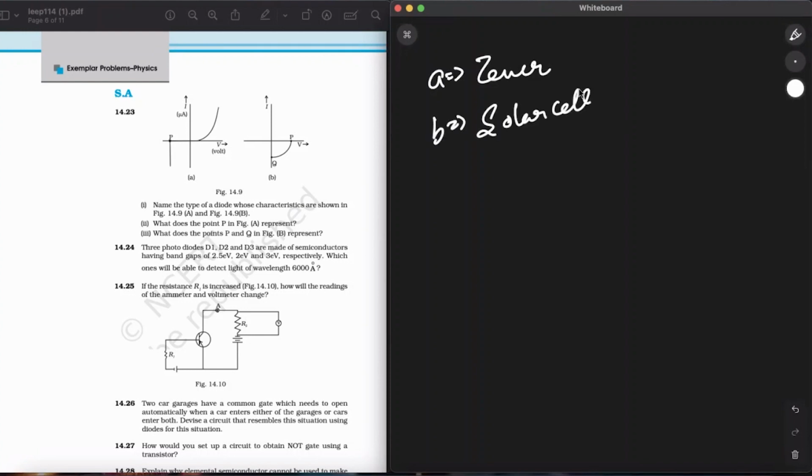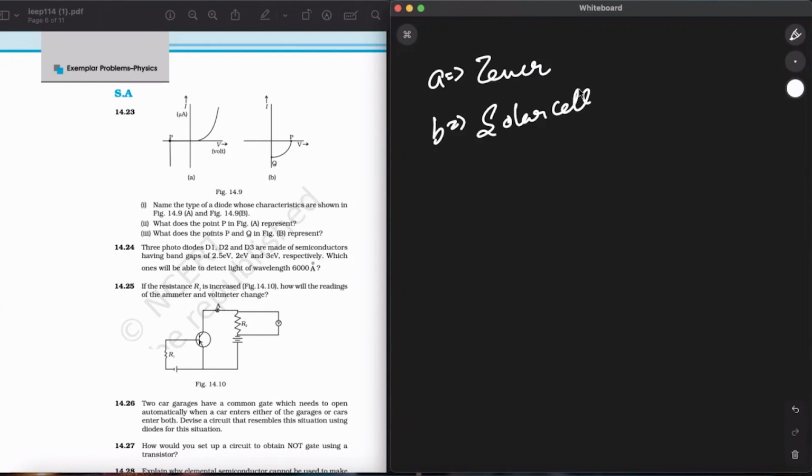Now, in figure A, the point P in the Zener is the breakdown voltage. In figure B, the point Q represents zero voltage and negative current, which means the light falling on the solar cell with at least the minimum threshold frequency will give current in the opposite direction to that due to the battery connected to the solar cell.